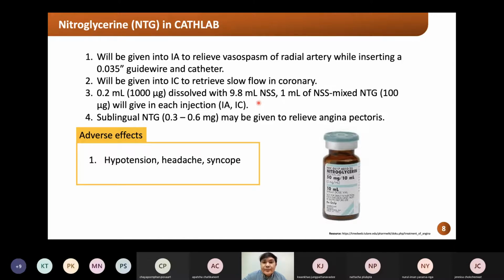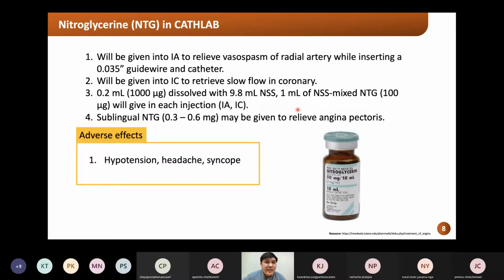After that, you will get 1 milliliter of normal saline mixed with NTG at a concentration of 100 microgram that will normally be given to the patient both intra-arterially and intracoronary.